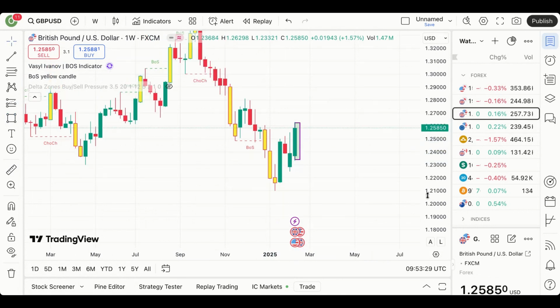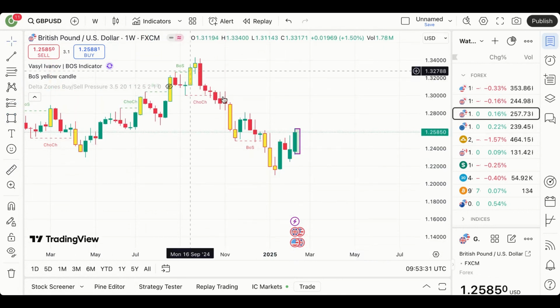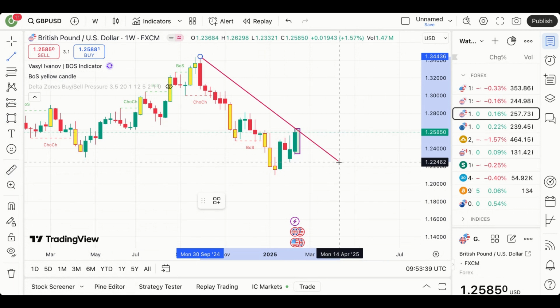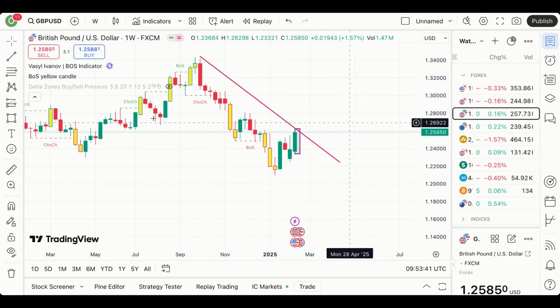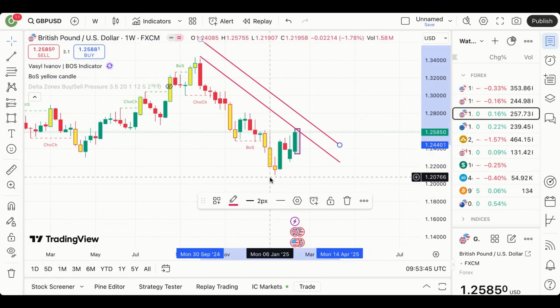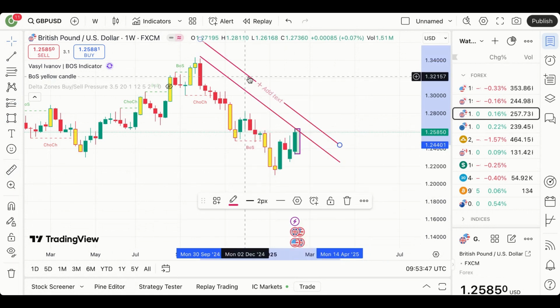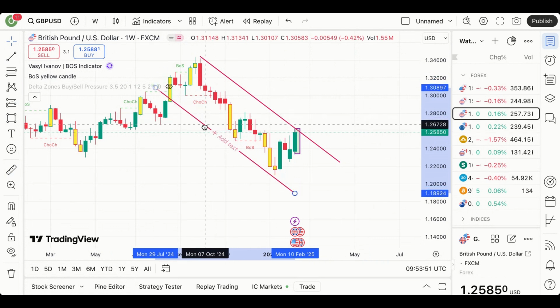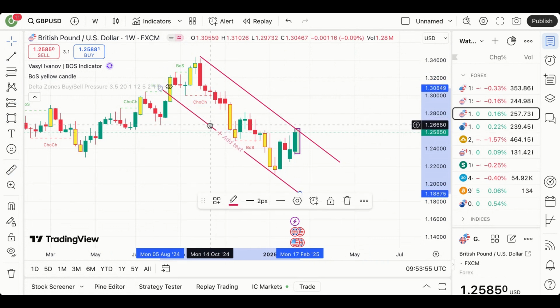So when you look at it, you can see this is a bearish pattern. The weekly is showing bearish. So the best bet is to clone your trend line. That will give you a rough estimate of the trend pattern.